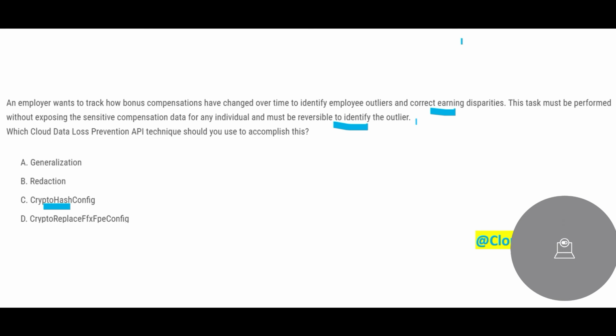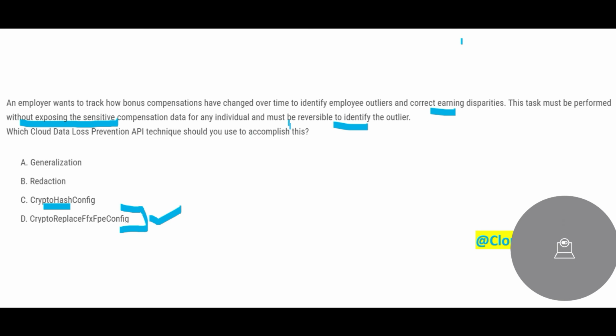Logically, answering this is difficult, because if we are saying please do not expose the sensitive data, I want a very strong algorithm, then I would go with the crypto replace algorithm. This would be my answer because it is very strong and it is irreversible. All four are irreversible, but D is the most irreversible.